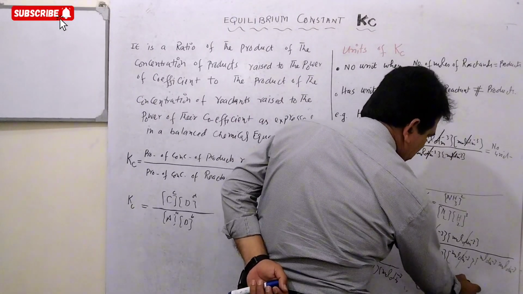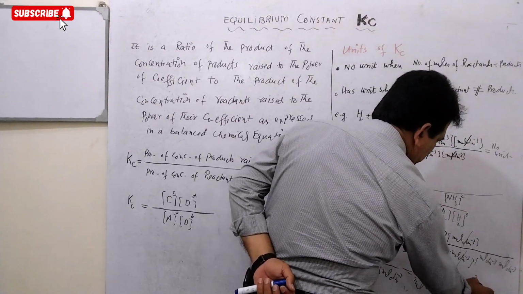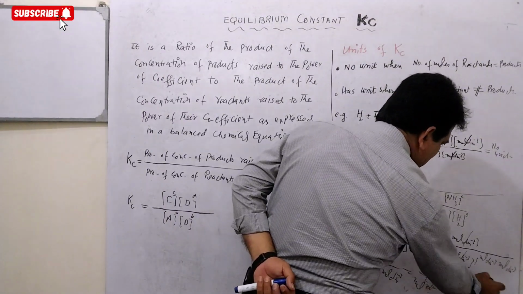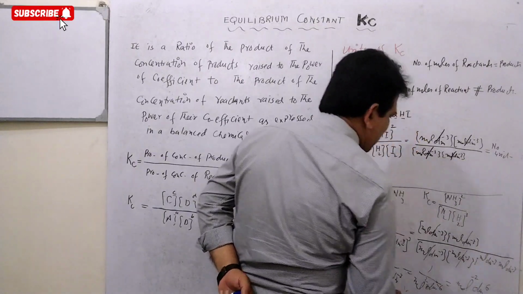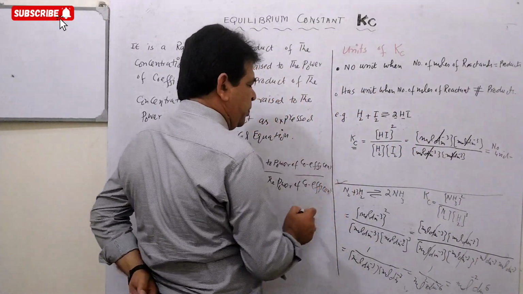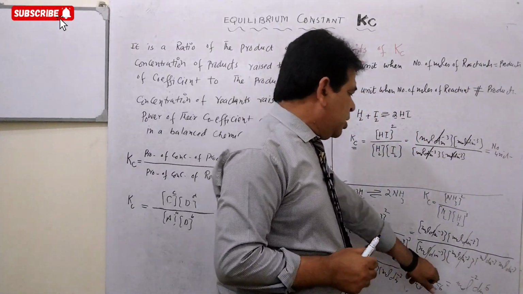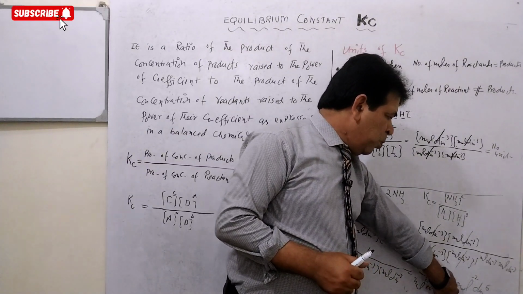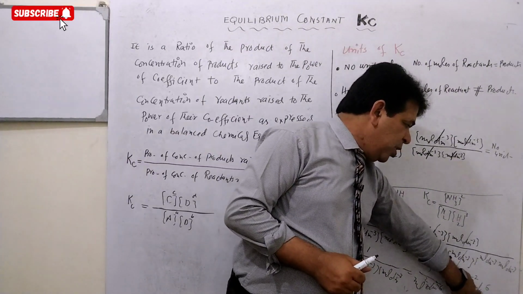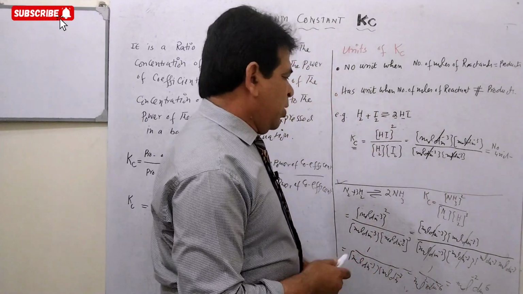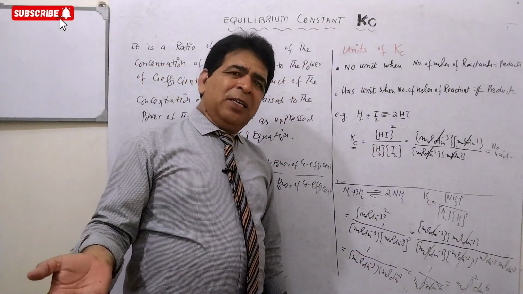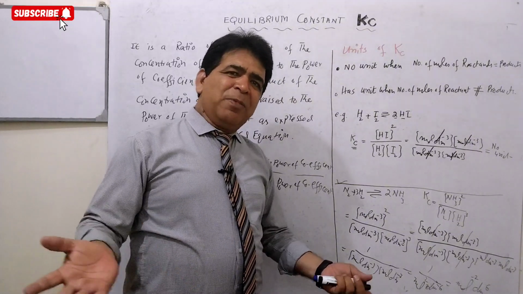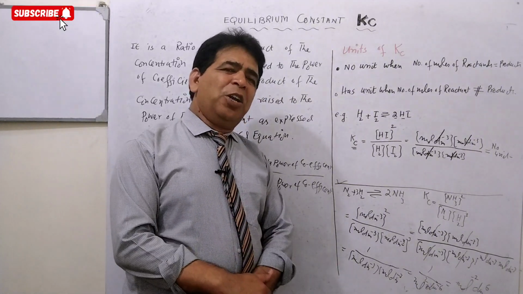Now the mole will become mole minus 2 and dm minus 6 will become simply 6. Now we can say that for this expression there is a unit for Kc, that is mole minus 2 dm 6. So it indicates that in some cases Kc has a unit, and in some cases Kc has no unit.